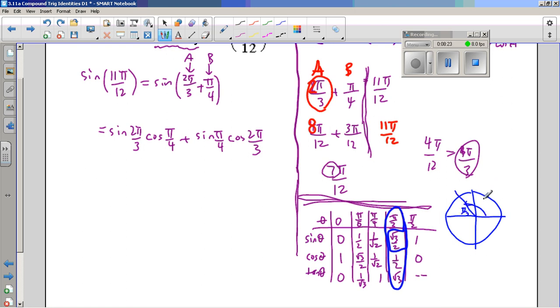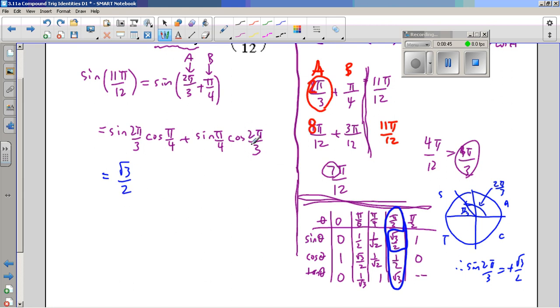There's my angle, 2 pi over 3. And so by the cast rule, the sine is positive there. So therefore, the sine of 2 pi over 3 is positive square root of 3 over 2. So this part here is this positive square root of 3 over 2.